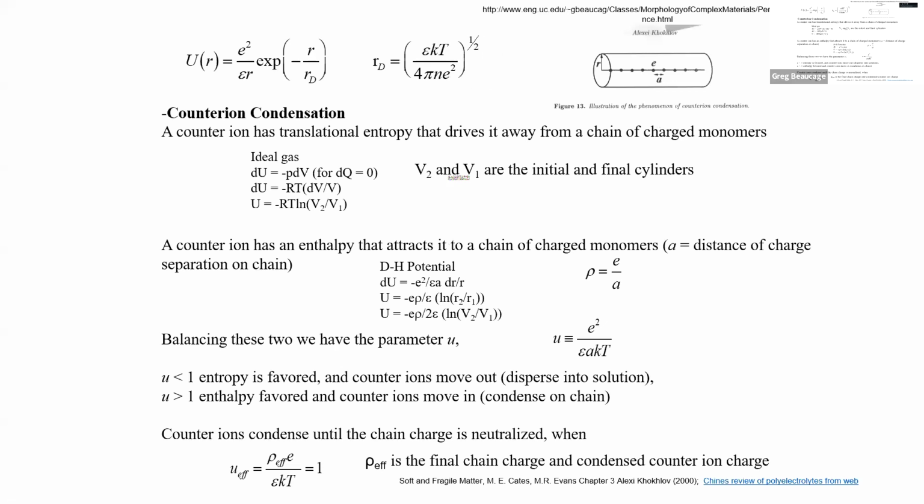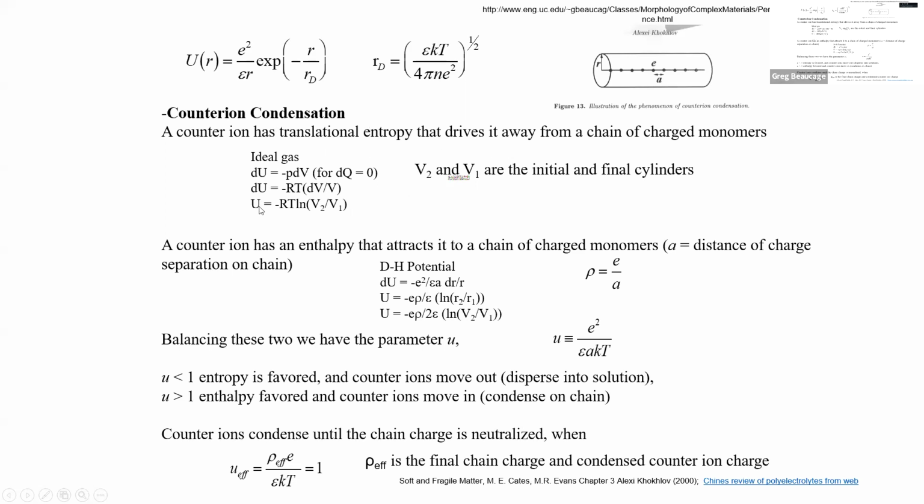Anyway, I think this is from, well, there's a paper by Cates, the British Nobel candidate, whatever, from Cambridge. And then Evans is a pretty famous simulation guy too. Anyway, this is a picture of how these things fit together in terms of an energy balance.